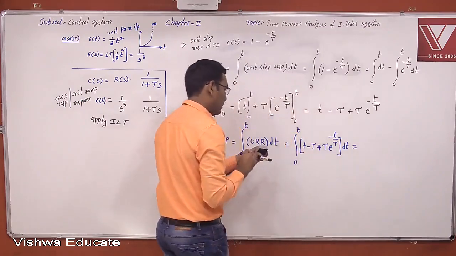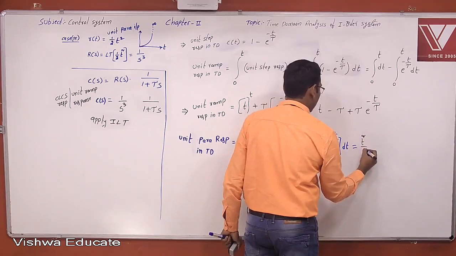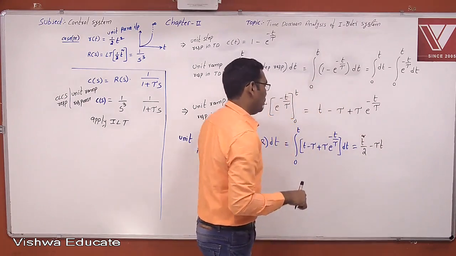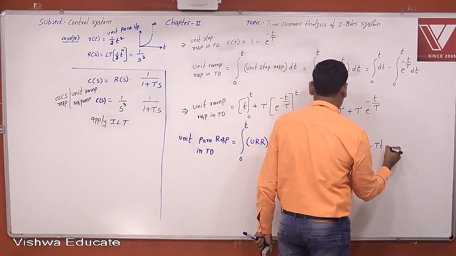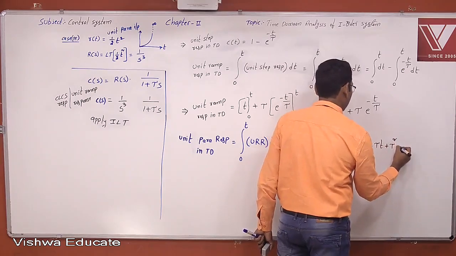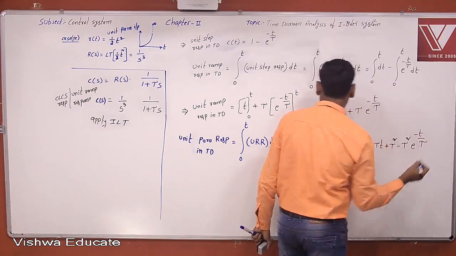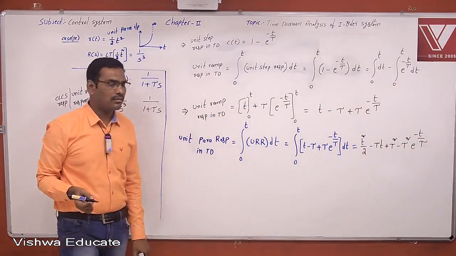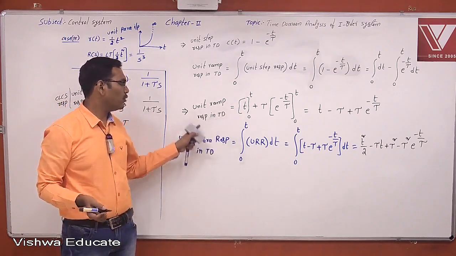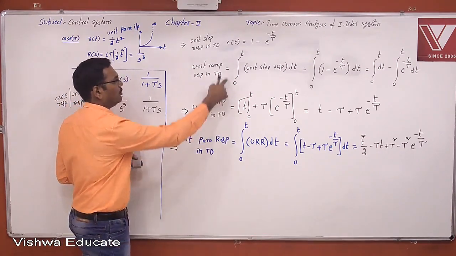Therefore, integration of t dt is t square by 2, minus tau into t, plus tau square, minus tau square into e power minus t by tau. This is the unit parabolic response. Now this is the unit parabolic response from the unit ramp response, and this is the unit ramp response from the unit step response.